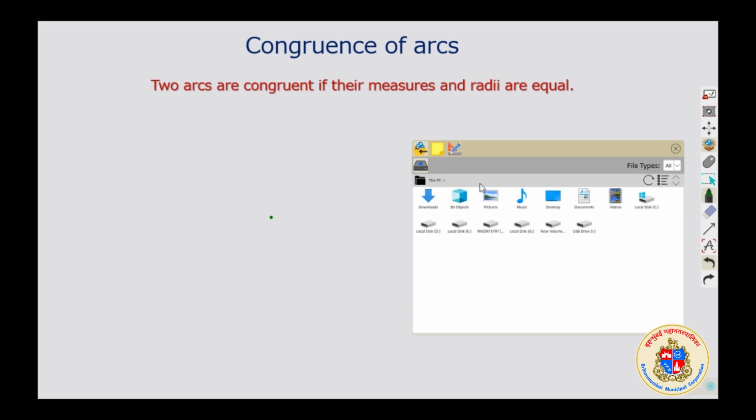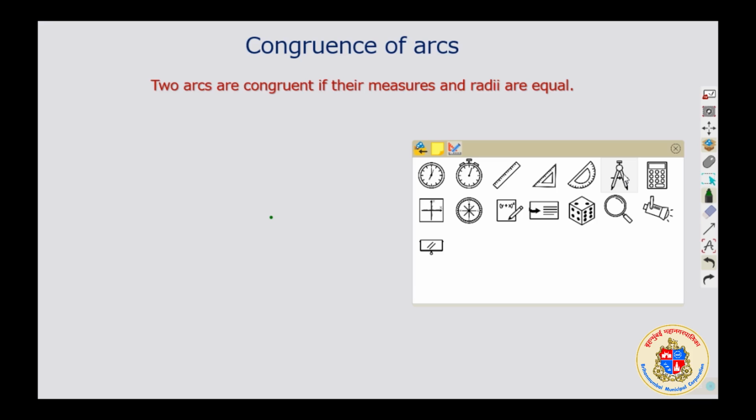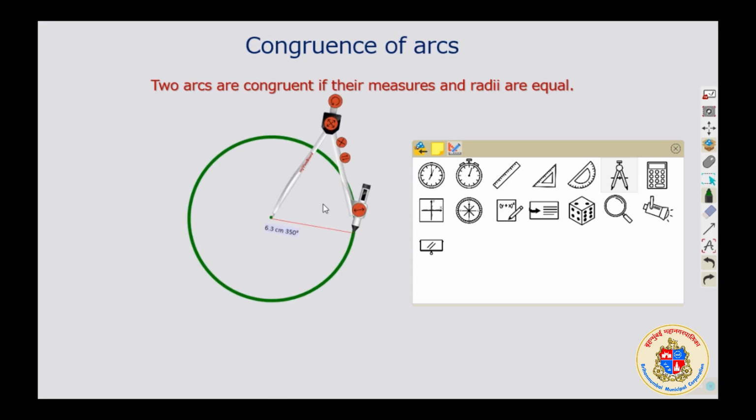For that I am taking the compass and drawing a circle here with a point given. Here is a circle. I will draw a little bigger circle. Here is a circle with the center over there.